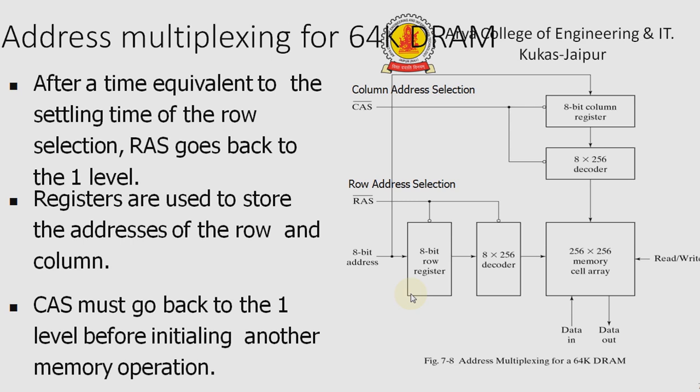So the memory consists of a two-dimensional array of cells arranged into 256 rows by 256 columns, for a total of 2^8 × 2^8 = 2^16, and we can say 64K words.